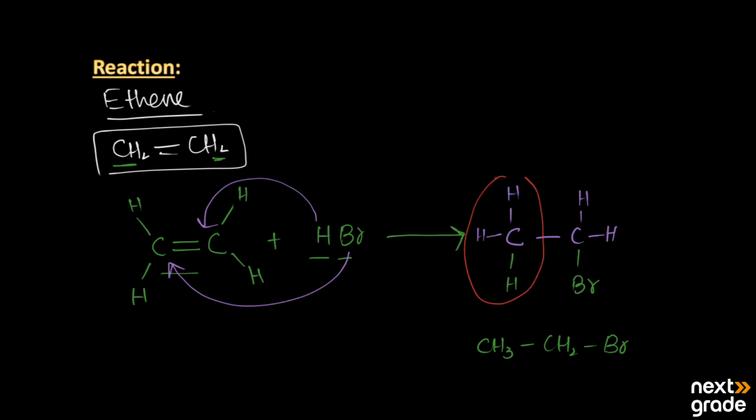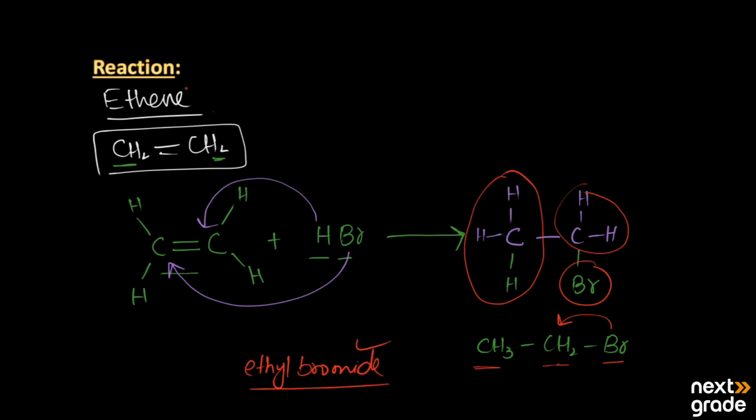This is the CH3, this is the CH2, and next the Br with this carbon. The product's name is ethyl bromide. So this reaction is used for the conversion of ethene or simple alkenes into ethyl or alkyl halides.